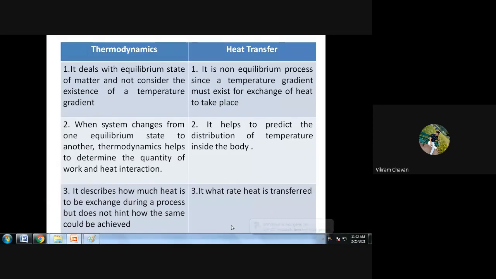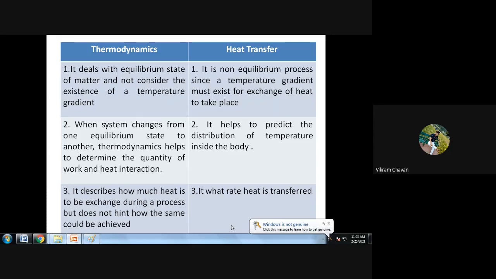Now, when a system changes from one equilibrium state to another, thermodynamics helps to determine the quantity of work and heat interaction. We always discuss this point in thermodynamics: how much energy changes or how much heat interaction happens when water boils, or changes its state from liquid to ice.